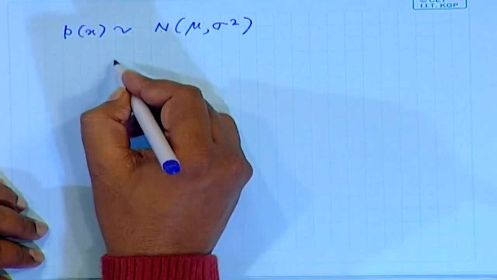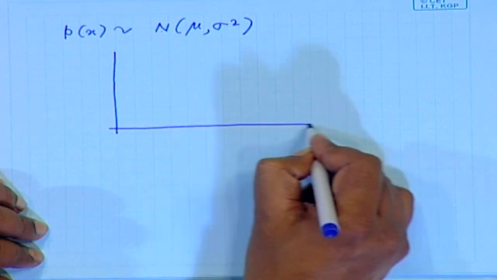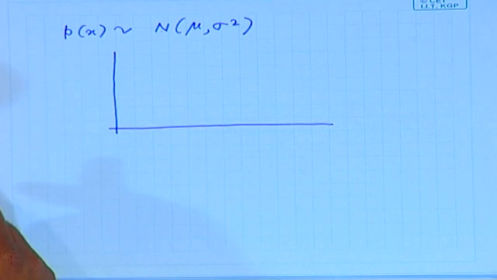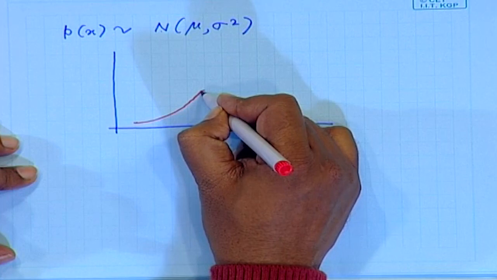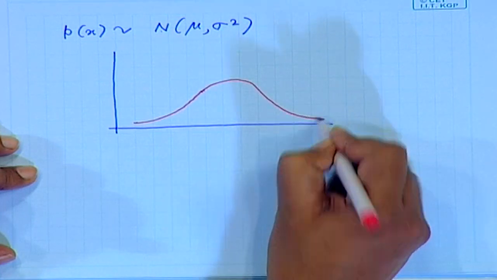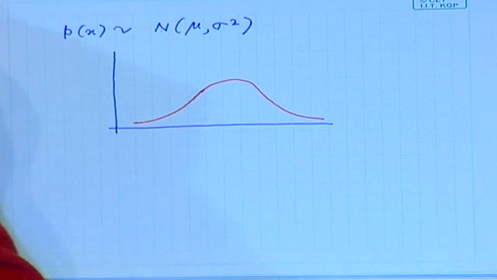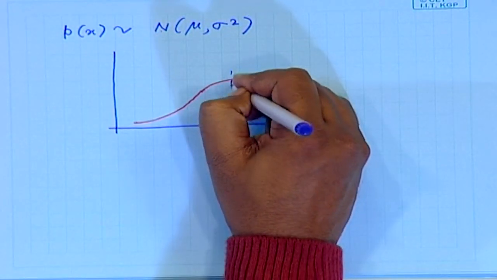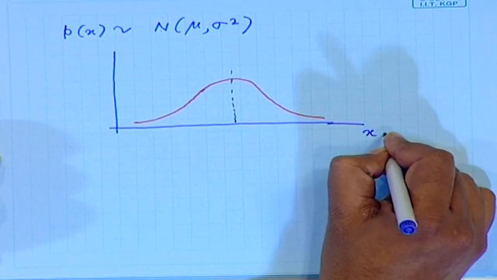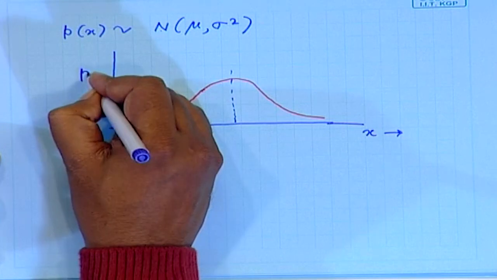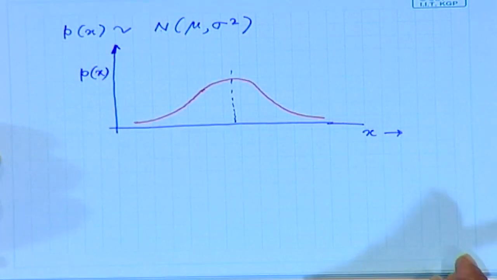If I plot this normal density, the plot will be like this, where the peak is at the mean. I put x along the horizontal direction and p(x) along the vertical direction.